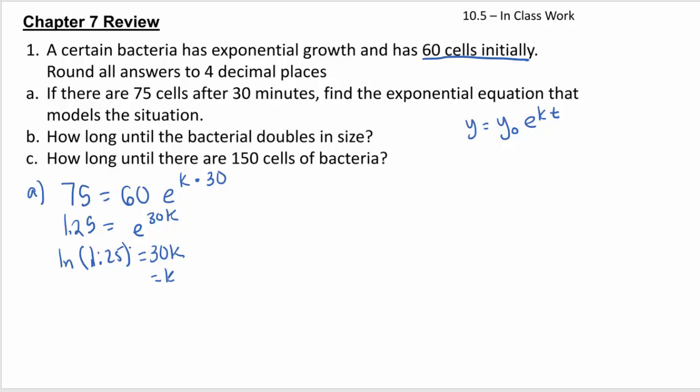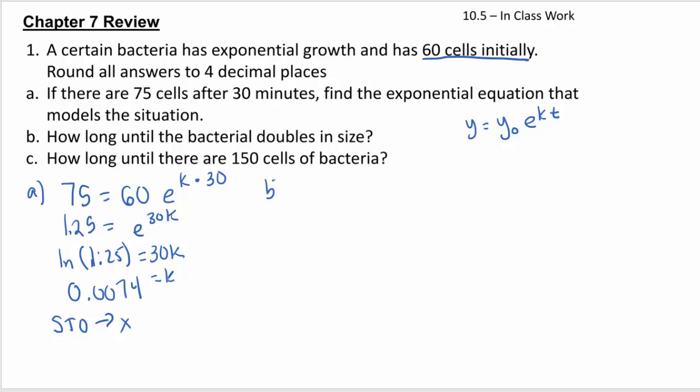So I divide, so ln of 1.25 divided by 30. Ooh, that's a really small number, 0.0074. Now what I like to do is store that answer as some value. I'm going to store it as x in my calculator.